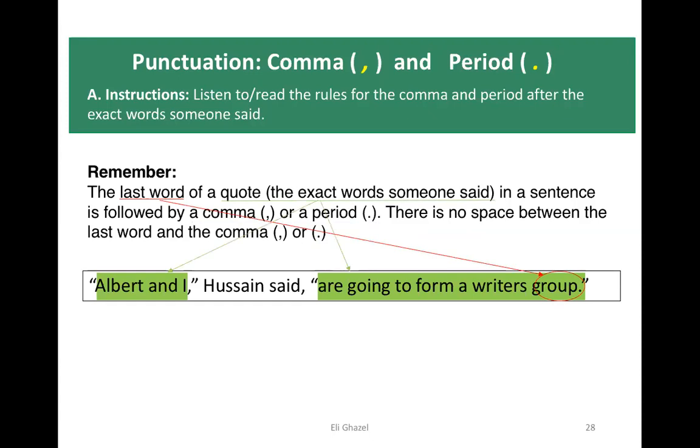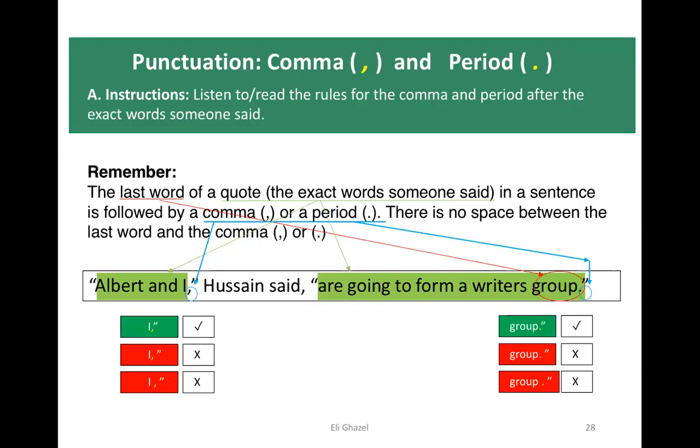Albert and I are going to form a writers group. Now, let's look at the punctuation. The first part of the quote is followed by a comma before the quotation mark. That's because the sentence has not ended. Whereas after group, it's followed by a period because that is the end of the sentence.